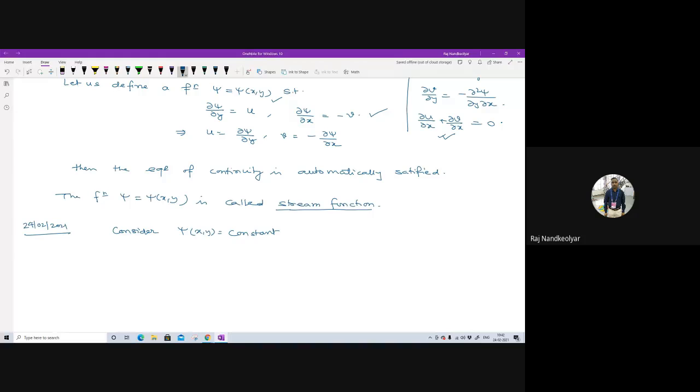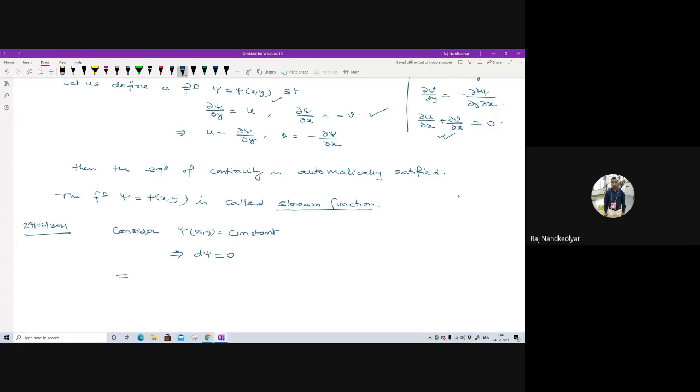Now let us proceed further. If psi is equal to constant, then obviously d of psi will be equal to 0. That is, the total differential is equal to 0.